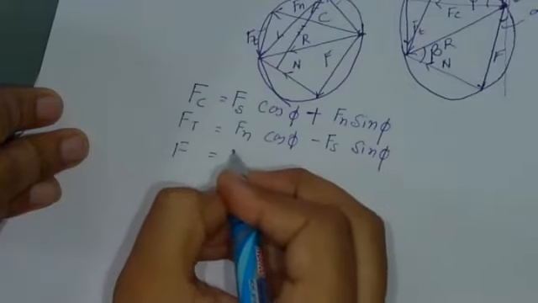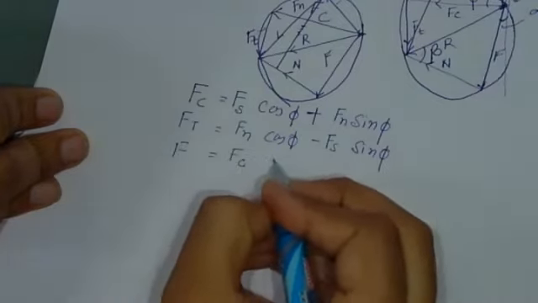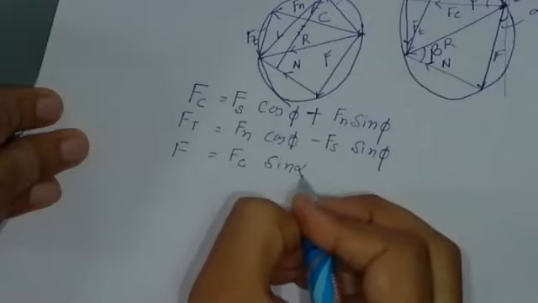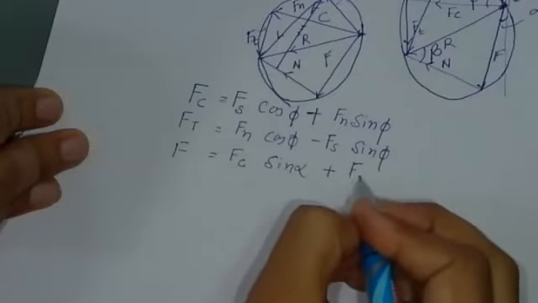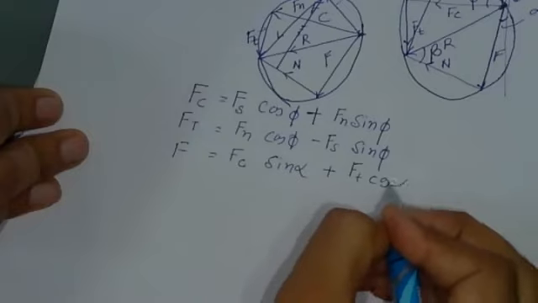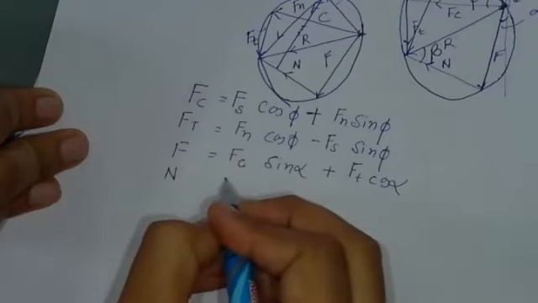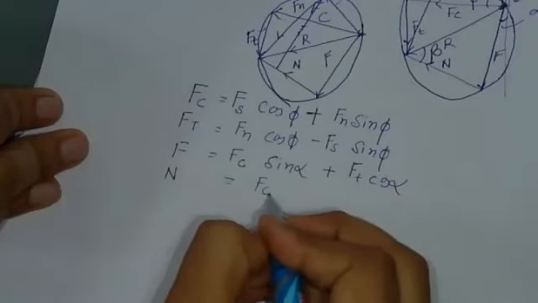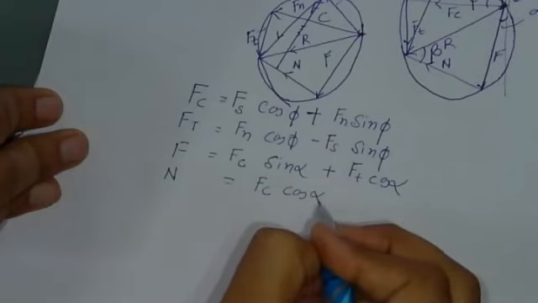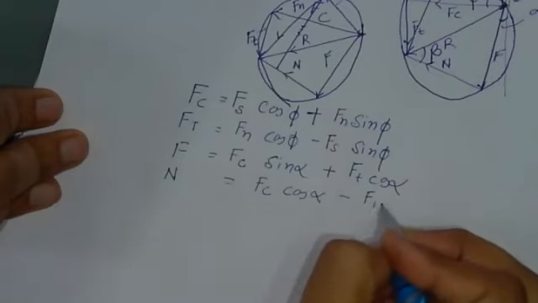Friction force F is equal to Fc sin alpha plus Ft cos alpha. The normal force is equal to Fc cos alpha minus Ft sin alpha.